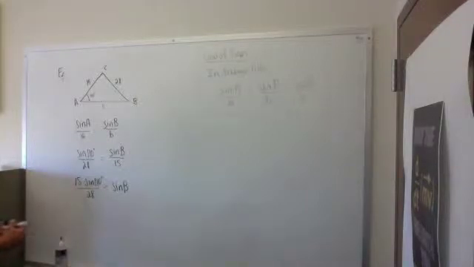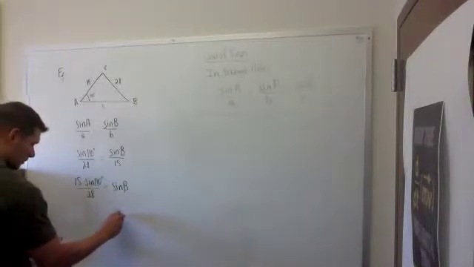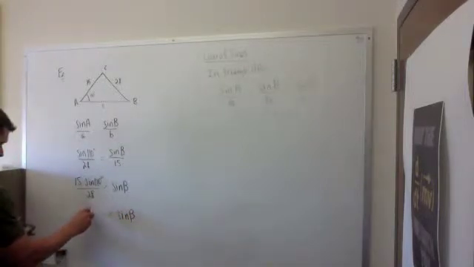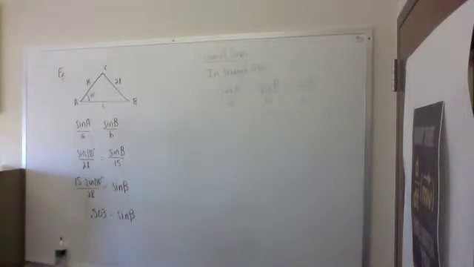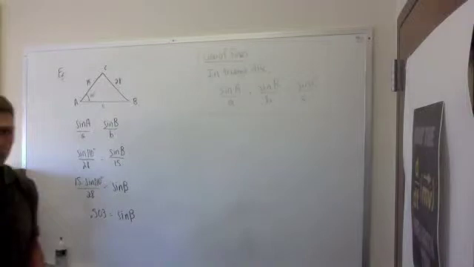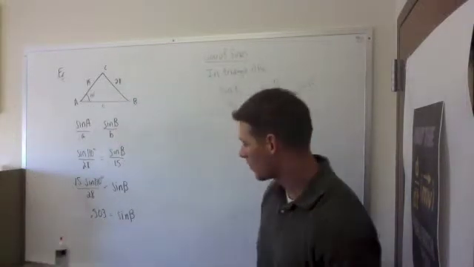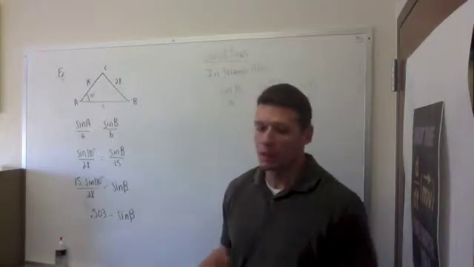So I have sine of B equals 0.503. Now, we know that there are two angles B that satisfy sine of B equal to 0.503. Here's the deal.